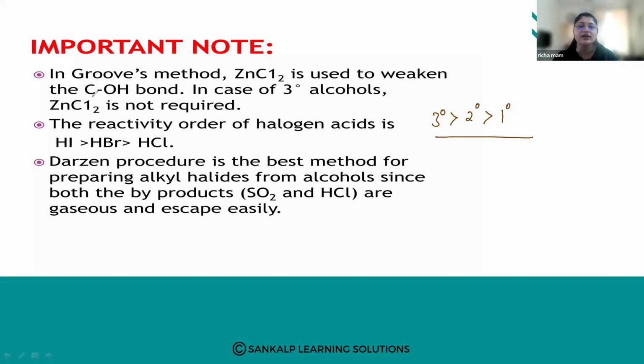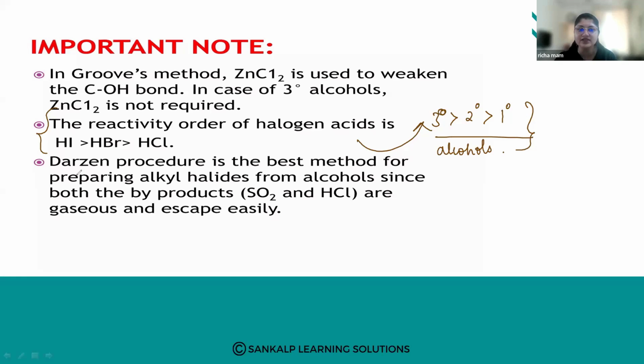So this is the reactivity order of alcohols. Please remember: tertiary is more reactive, then secondary, and then primary. The reactivity of halogen acids is HI greater than HBr and HCl. This is for Grove's process: tertiary, then secondary, then primary.